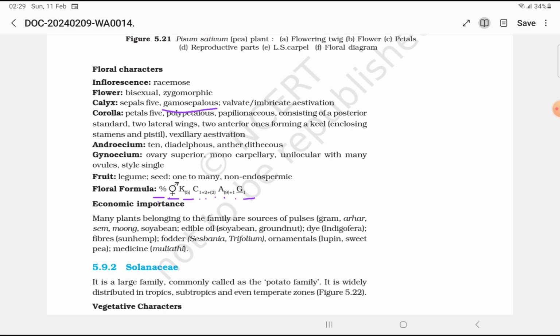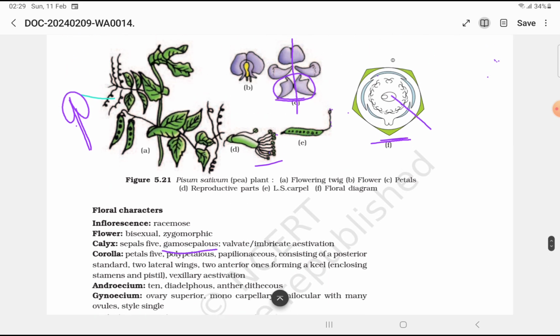Fodder: Sesbania grandiflora, Trifolium, for cows and others. Ornamentals: lupin is a very beautiful flower, sweet peas. Medicinal: mulethi. These are a minimized list, not a one-page economic importance, so you can easily remember. There are more economic values, and all the pulse varieties come under this. So very good economic values are present.